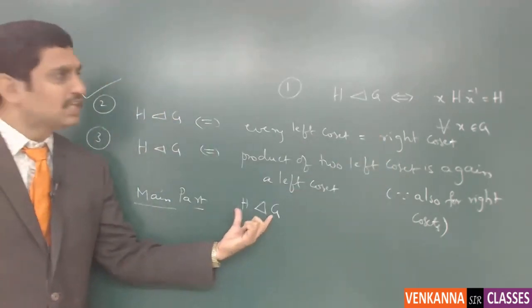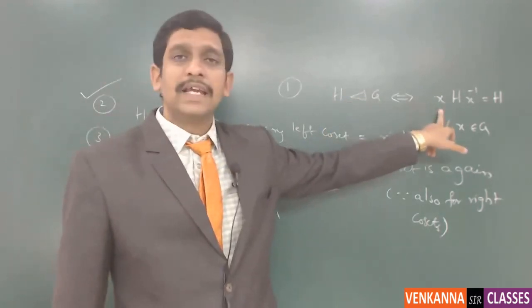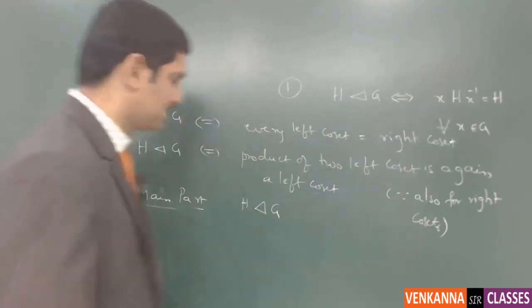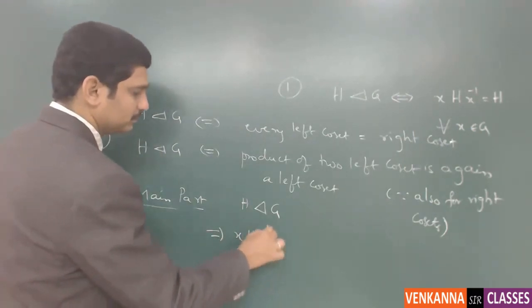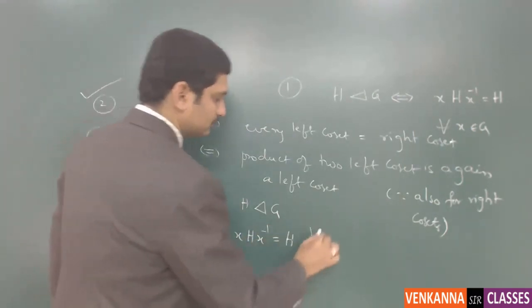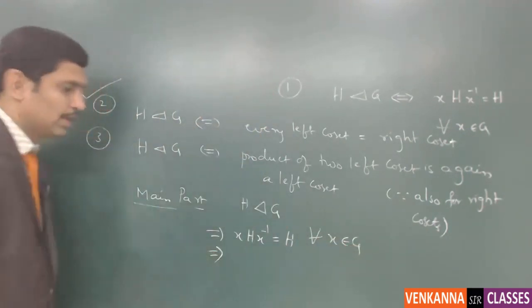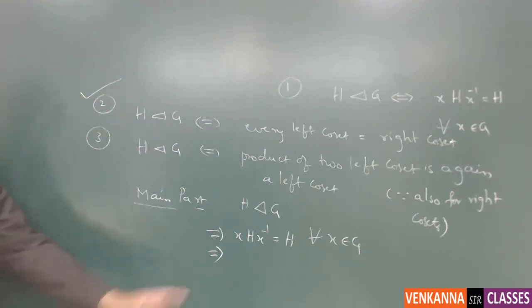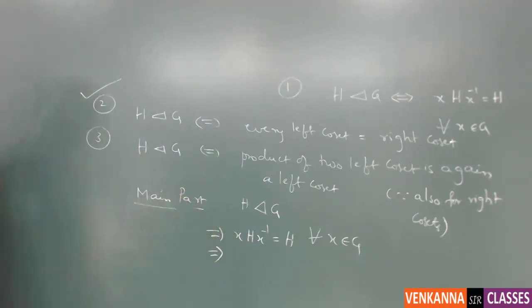From the very definition, we know that normal subgroup means x H x inverse equals H. So to this relation, multiply with x on both sides. I am doing the post multiplication.